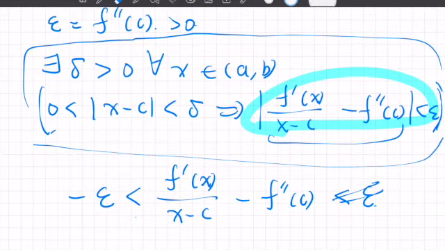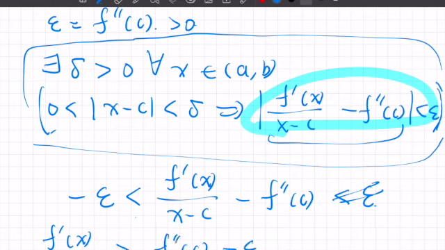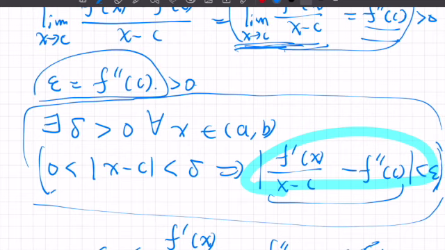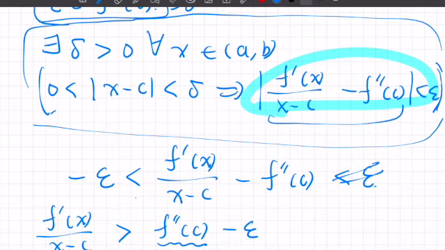So from this we have, let's see, f prime of x over x minus c is greater than f double prime of c minus epsilon. But the definition of epsilon was this here. Therefore, this value is epsilon, so we have 0. So this means the quantity on the left-hand side is positive, okay, greater than 0.